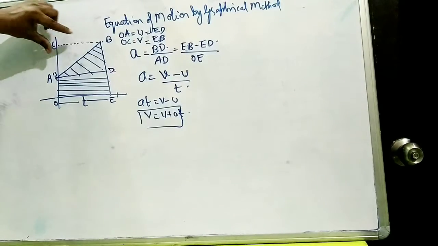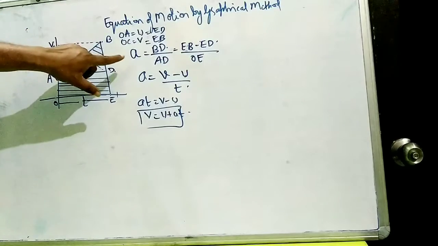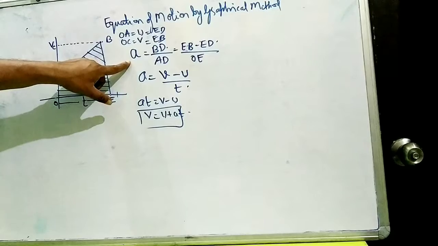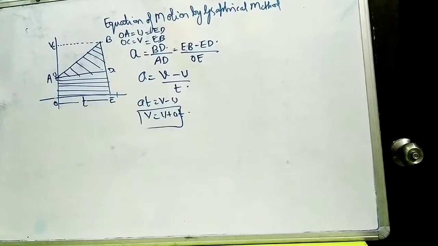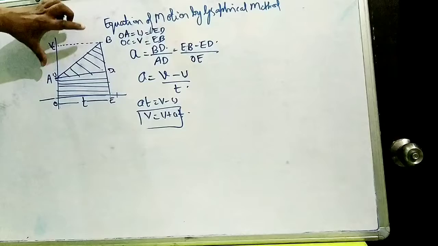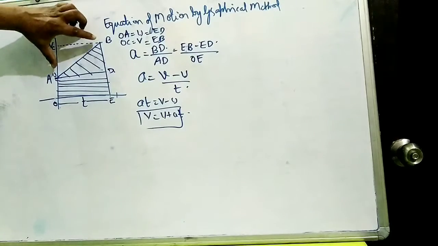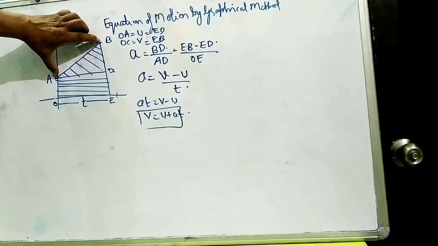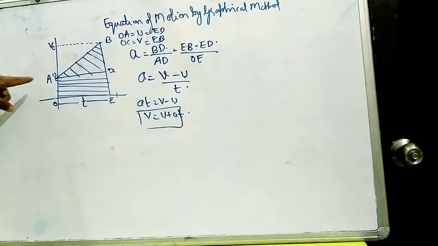So the slope in the velocity time graph always represents acceleration. Which graph is there? Velocity time graph. Now if we have to calculate the displacement, the area of the trapezium, means the area of all the objects from A to B down up till OE, represents the displacement.